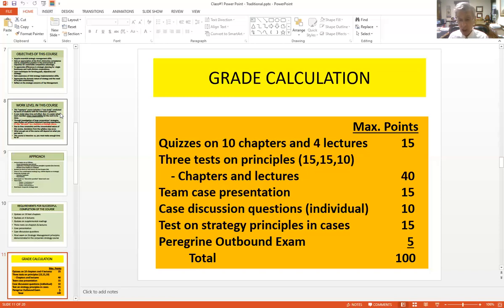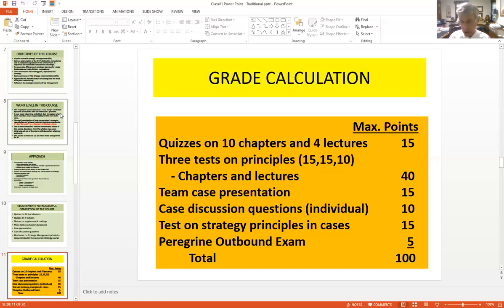Your presentation is worth 15 points. Those case discussion questions are worth 10 points. And the test on what's in the strategy in the cases, the principles in the cases, another 15 points. So if you add those last 3 items, you've got 40 points out of 100, which are practice.